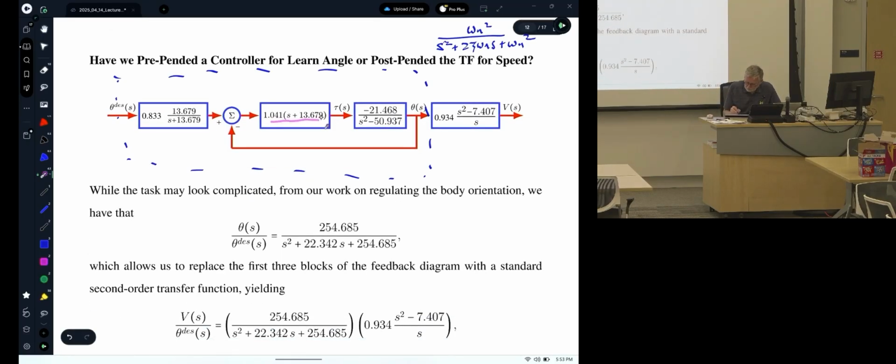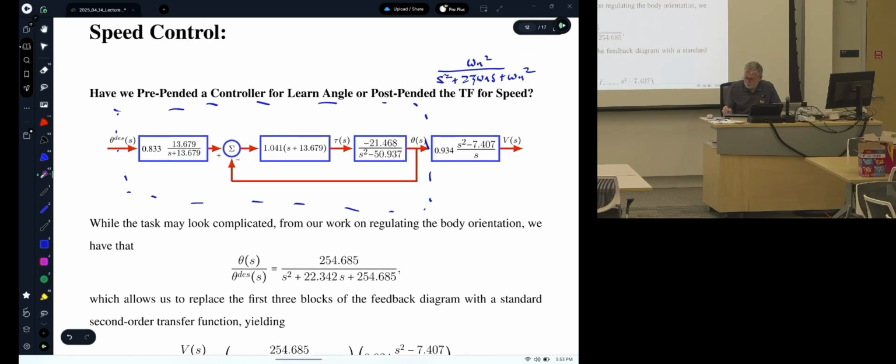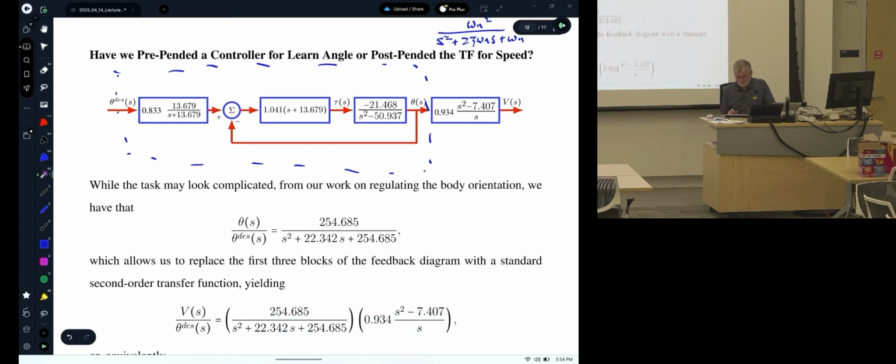We set those two parameters to get overshoot and settling time. It introduced a PD controller, which has a 0. We wisely canceled that 0, and then we adjusted the DC gain such that it became 1. S equals 0, omega n squared over omega n squared. DC gain is 1. So this transfer function looks very complicated, but it's this block, and this loop can be replaced by this.